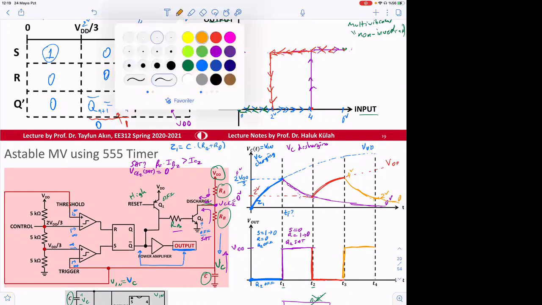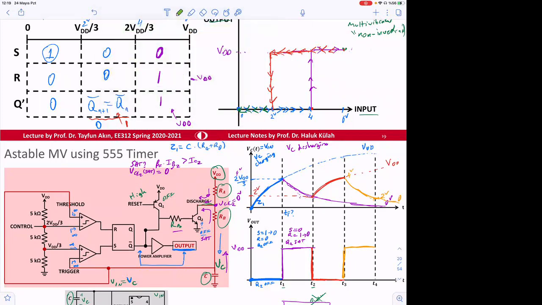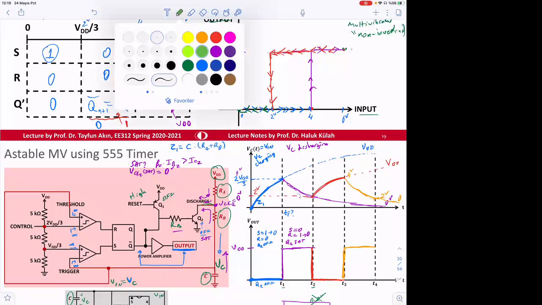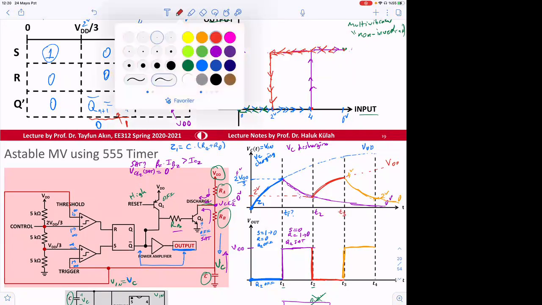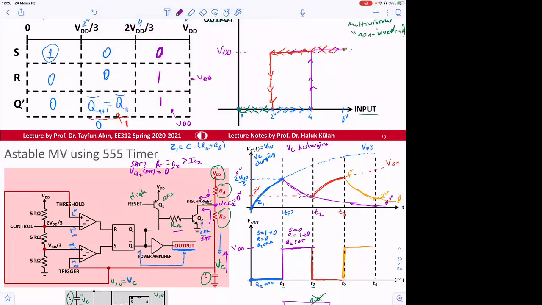So as you notice here, the T1, T2, and maybe T3, what will be happening here? What is the time constant during this charge region?